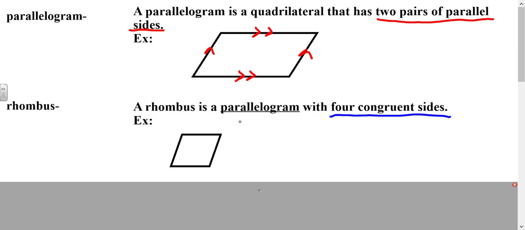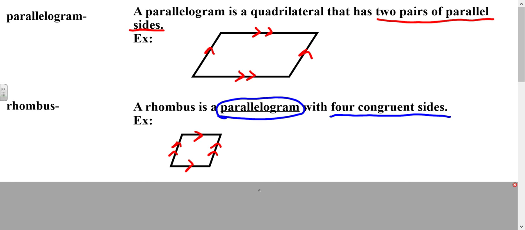Now notice it also said that it was a parallelogram, so it's going to have two pairs of parallel sides, like the definition of a parallelogram, but it's also going to have four congruent sides. So we're going to mark all of those things. So it's a parallelogram. This side on top is parallel to this side on bottom, and this side over here is parallel to this side over here.